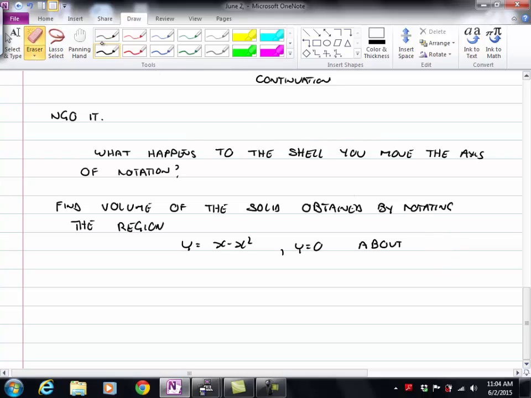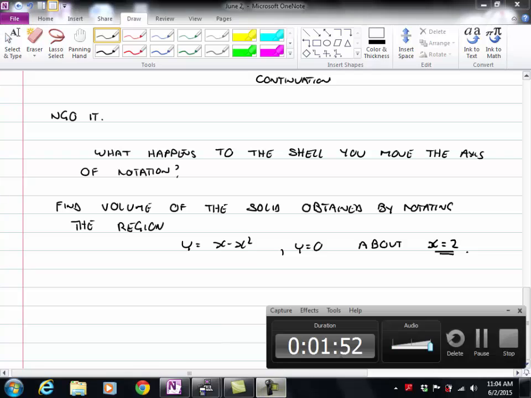So notice my rotation is not just a simple x or y axis anymore. I'm rotating about x equals 2. I change everything. I'm going to pause it and let you have a chance.